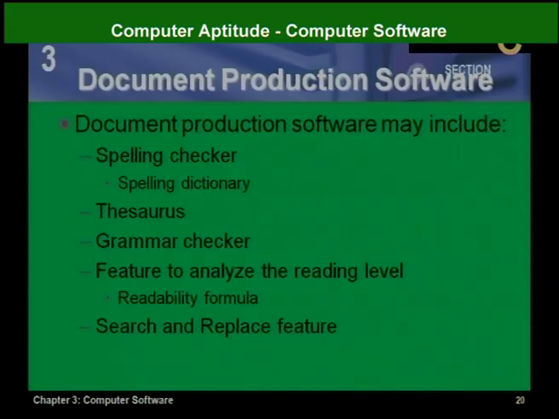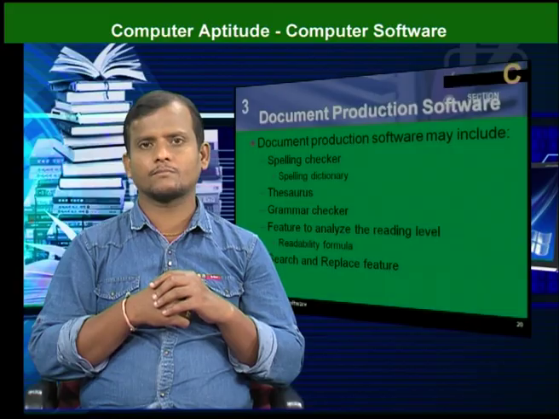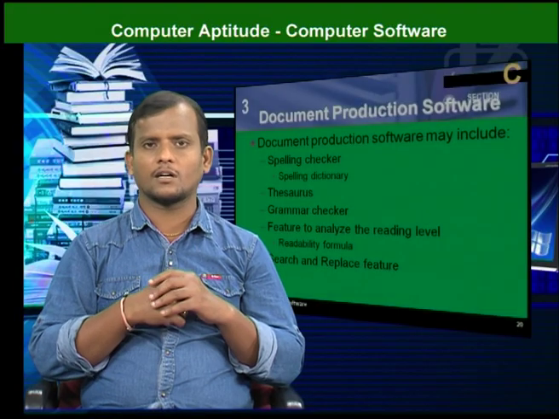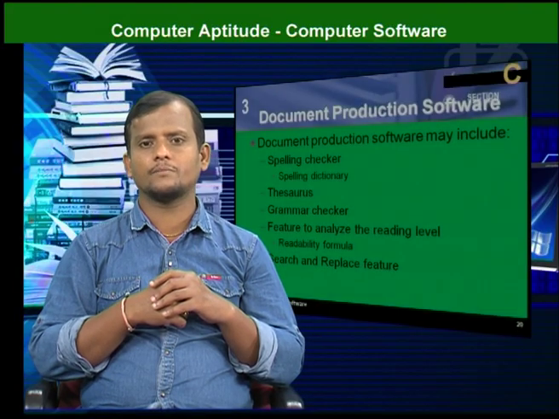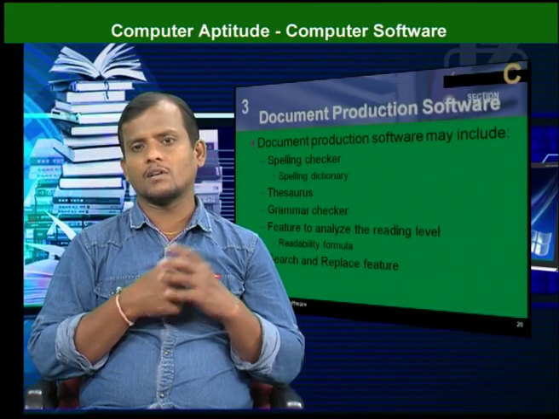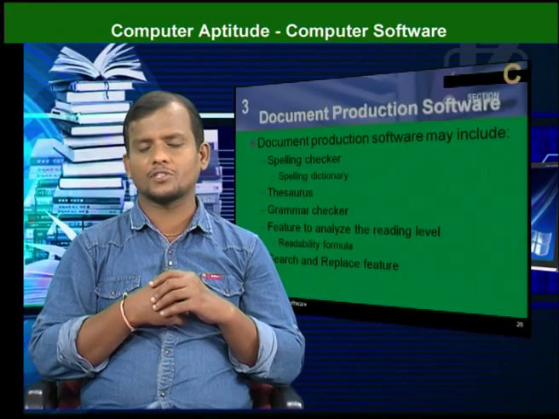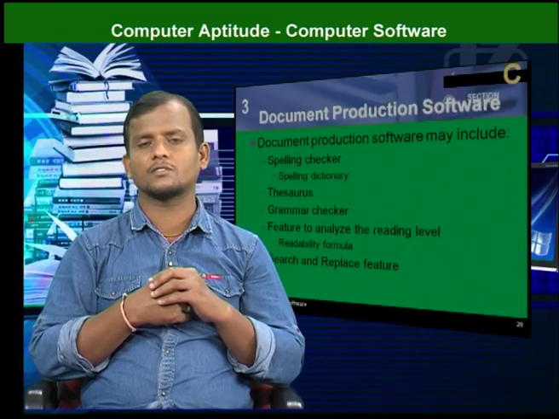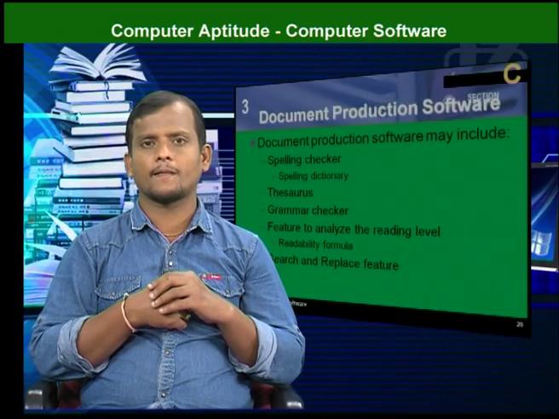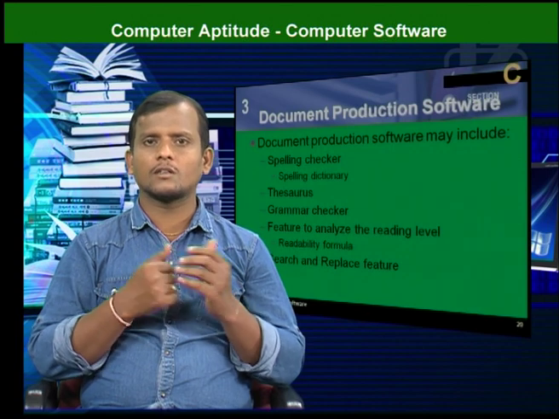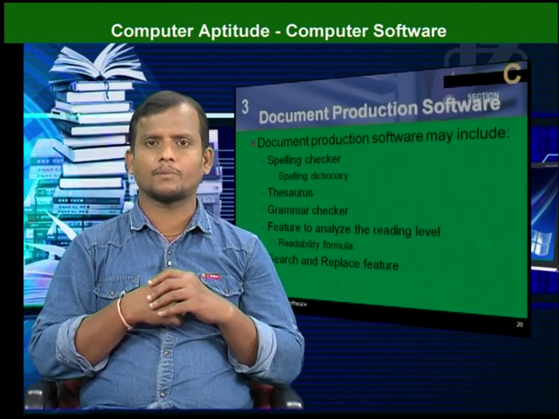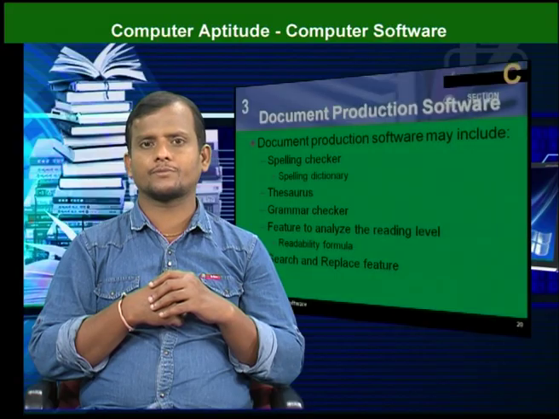If you type something, there might be a correction in the grammar. It highlights in one color. Then there are search and replace features. You can search something and you can replace something. These are all features of document production software.